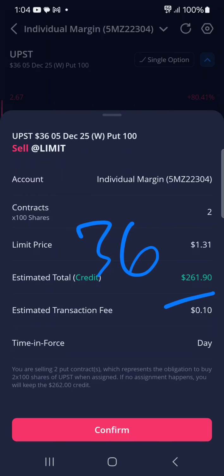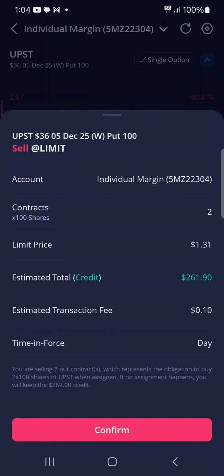If it goes down to 36, you buy the stock, and you have to have the money to buy it, because remember, it's 100 shares, so 36 times 100. That's the amount of money you have to have. And if it doesn't go down to 36, you keep the money. That's basically everything that's going to happen.